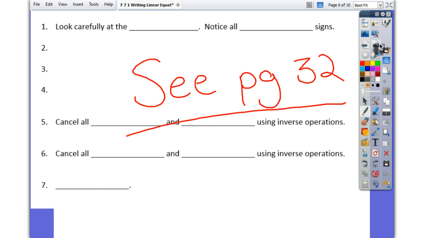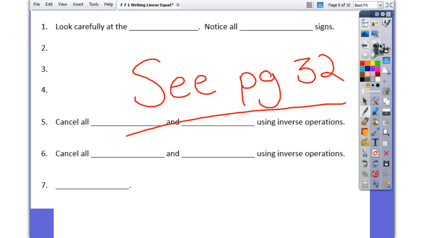Here, I'm not going to waste time rewriting this. The exact same thing is on page 32 of your notes. The only thing missing on page 32 is, there are 2 blanks that are missing. Anybody want to take a guess at what goes in there for the number 4?